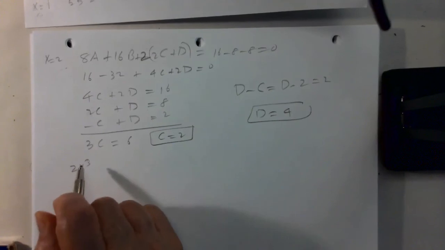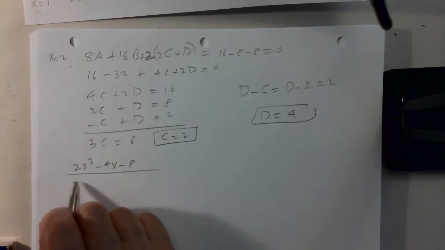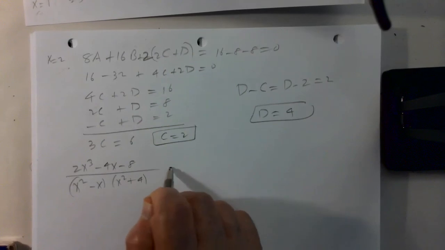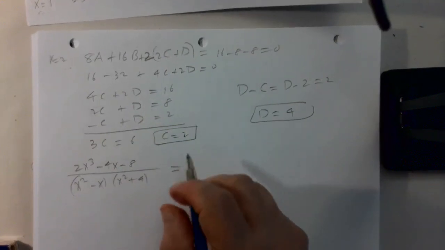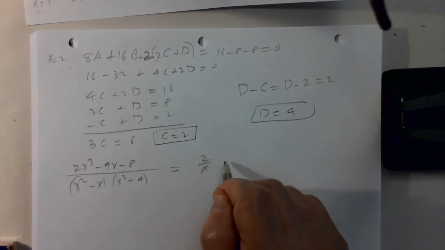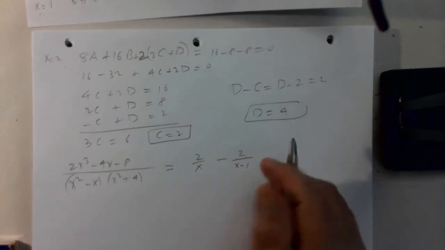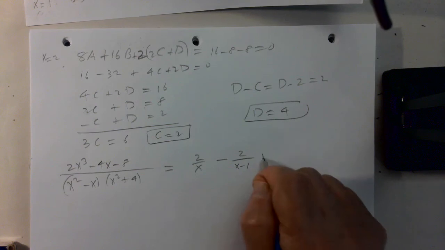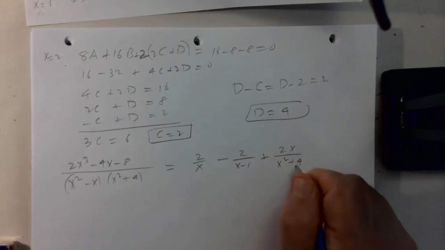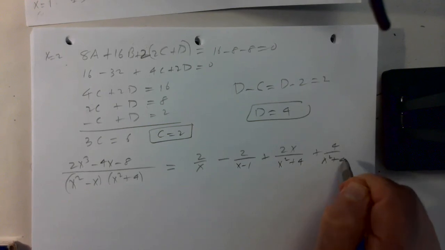We have that 2x cubed minus 4x minus 8 over x squared minus x times x squared plus 4 is equal to a over x, plus b, b is minus 2, minus 2 over x minus 1, plus cx, c is 2, plus 2x over x squared plus 4, plus d, plus 4 over x squared plus 4.